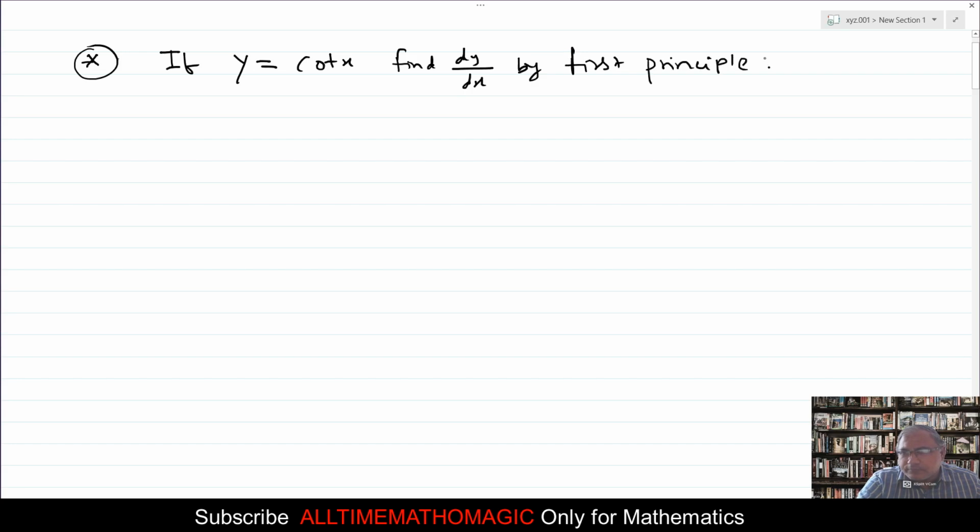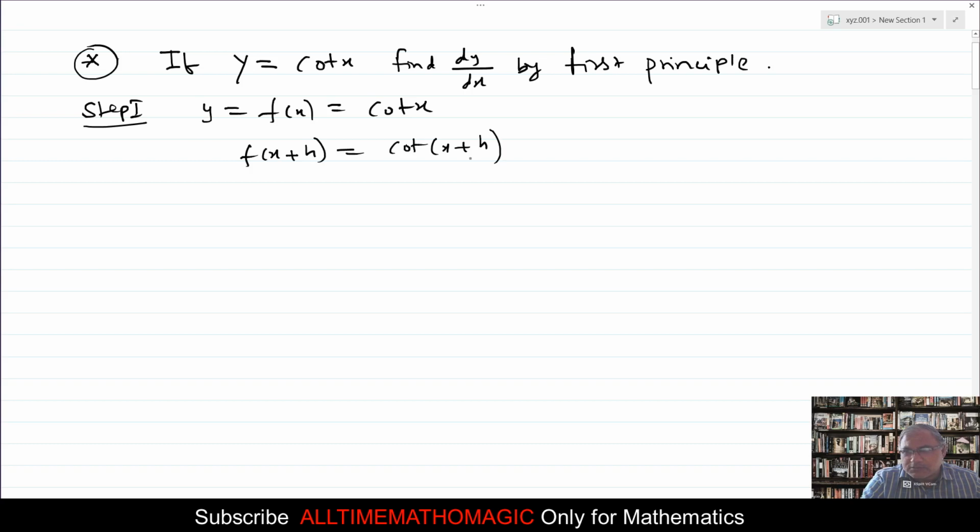Next example: if y is equal to cot x, find dy by dx by first principle. Step 1: y equals f of x equals cot x, f of x plus h equals cot of x plus h.